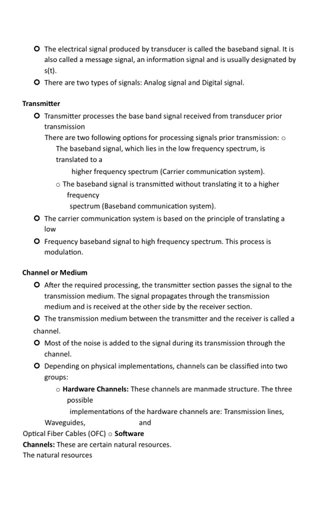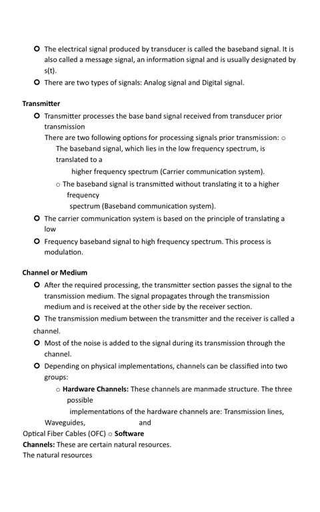The transmitter processes the baseband signal received from the transducer prior to transmission. There are two options for processing the signal prior to transmission. In the carrier communication system, the baseband signal, which lies in the low frequency spectrum, is translated to a high frequency spectrum.